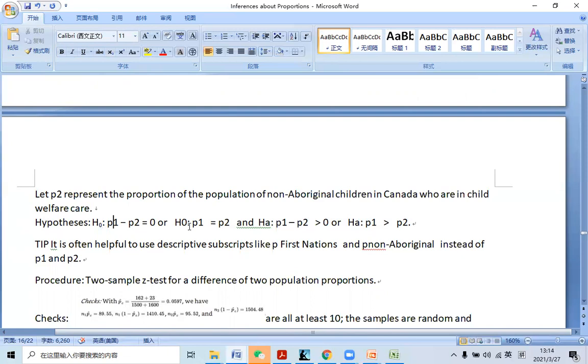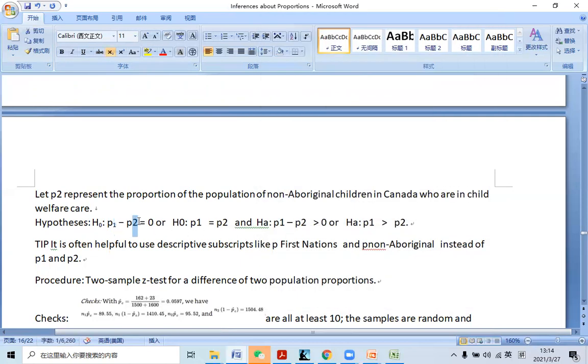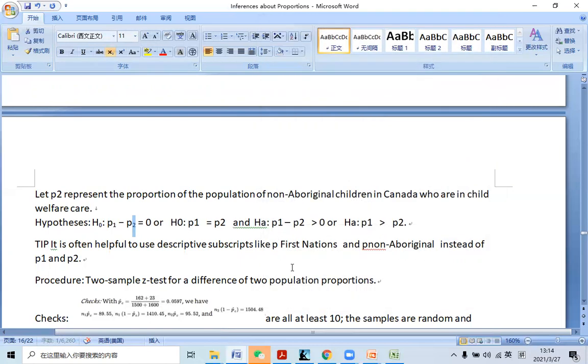You are predicting the proportions between the two populations on child welfare have no difference. They are equal to each other. When they are equal to each other, they have a zero difference. The difference between the two population proportions would be zero. That is a null hypothesis.